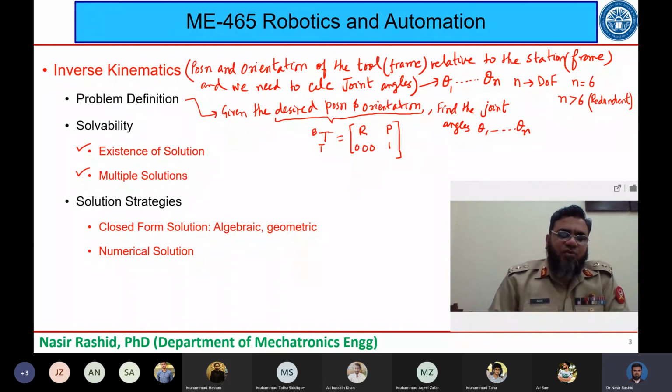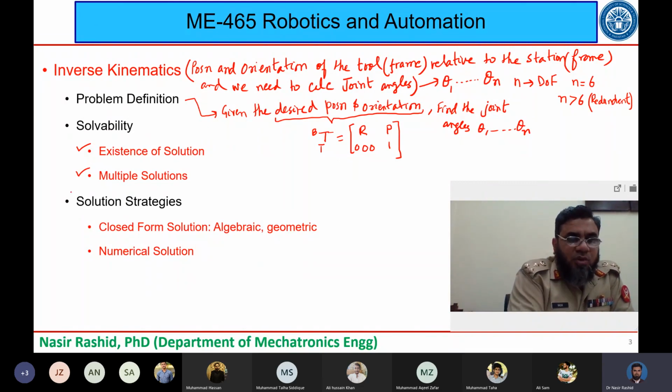Now, what strategies do we adopt in inverse kinematics to solve inverse kinematic problems? The first is called the closed form solution. This is actually an algebraic solution or geometric solution.